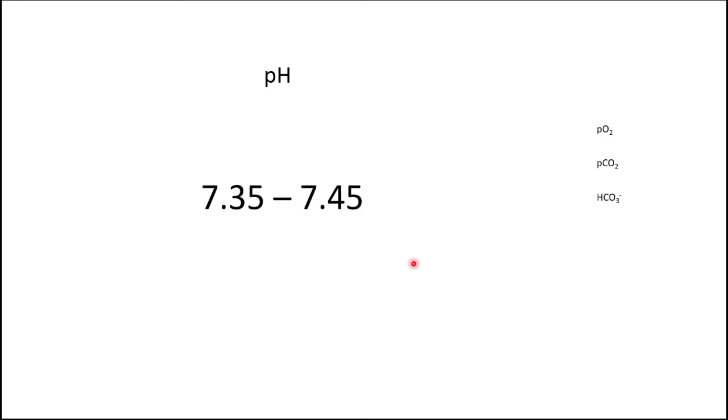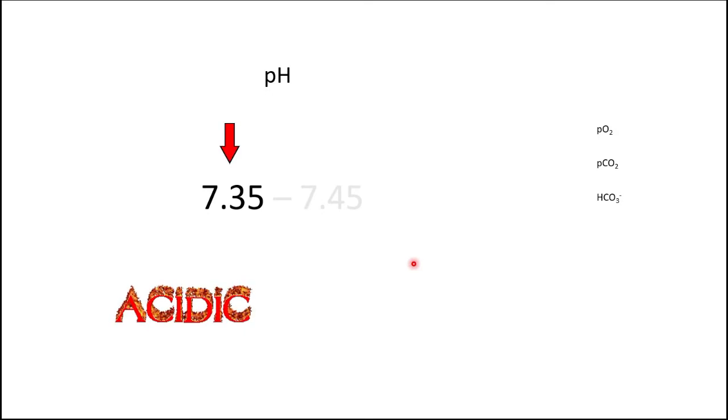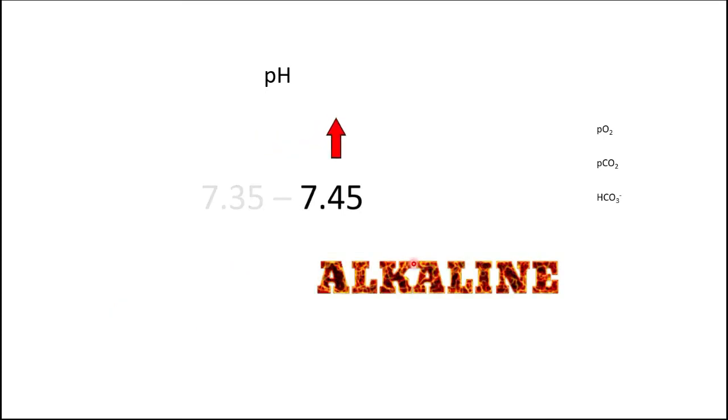The normal value of pH is 7.35 to 7.45. Any value below 7.35 is considered acidic, and any value above 7.45 is considered alkaline.